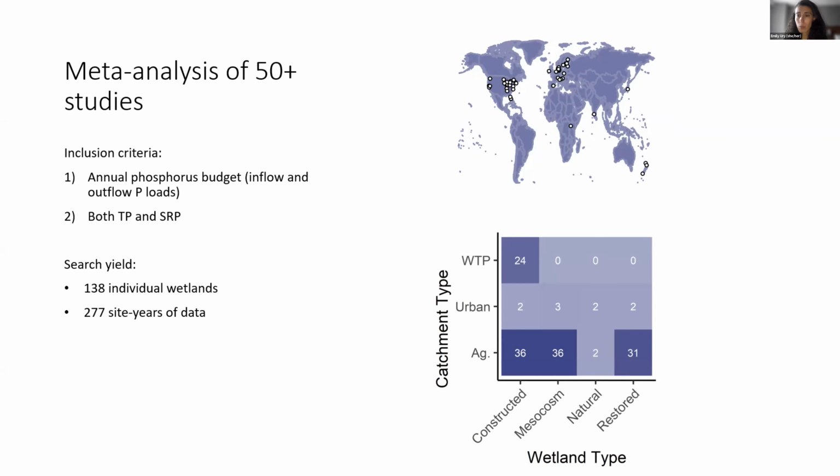That's what we're interested in terms of potential future placement of new wetlands, but we also included mesocosm studies if they were conducted outdoors and were larger than 1 meter square, and natural wetlands in the case when they're receiving artificial inputs. So they're natural wetlands, but their water is being pumped into them for the purpose of water quality improvement.